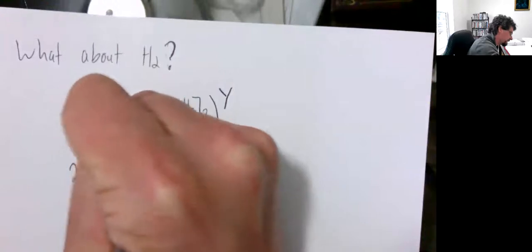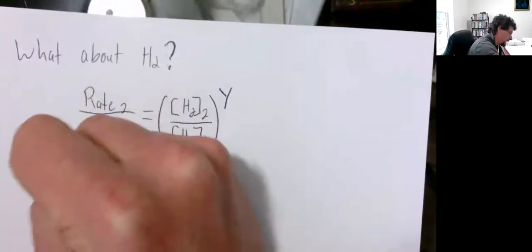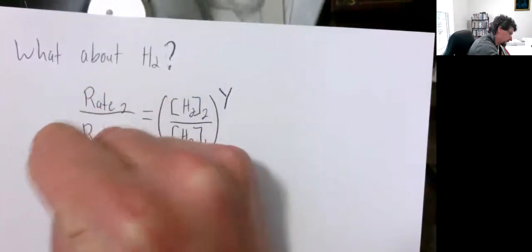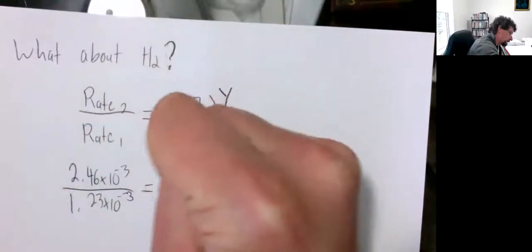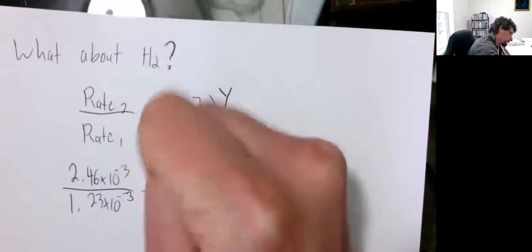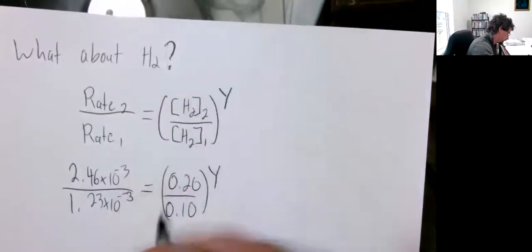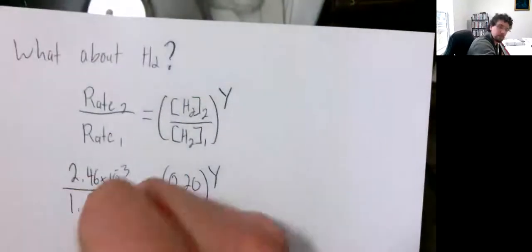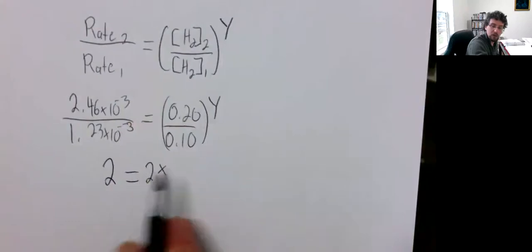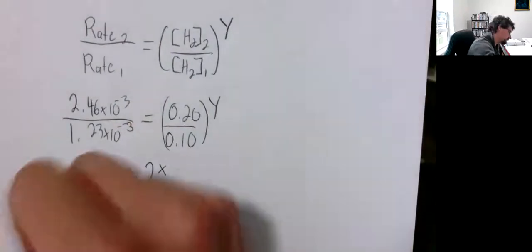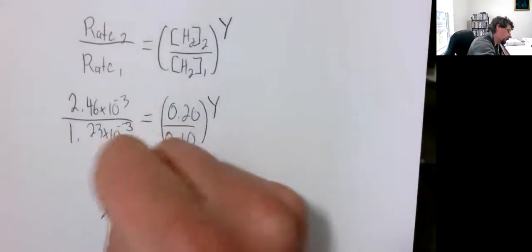We get 2.46 times 10 to the minus 3 divided by 1.23 times 10 to the minus 3 is equal to 0.20 divided by 0.10 raised to the power of y. What this ends up working out to be is 2 is equal to 2^y, which is easily solved for 1, but let's use our logs.